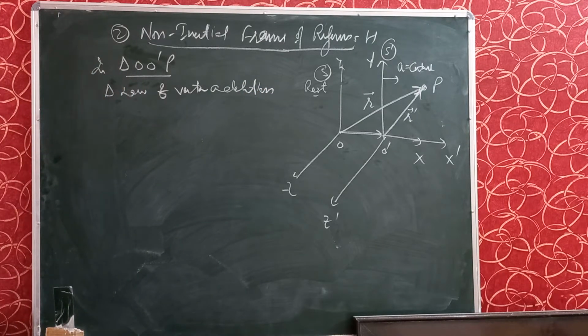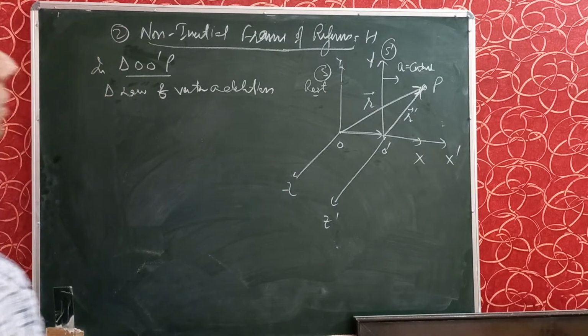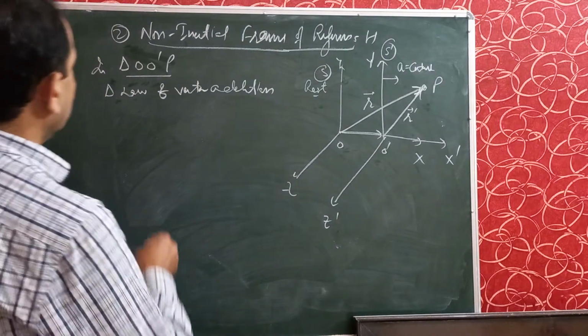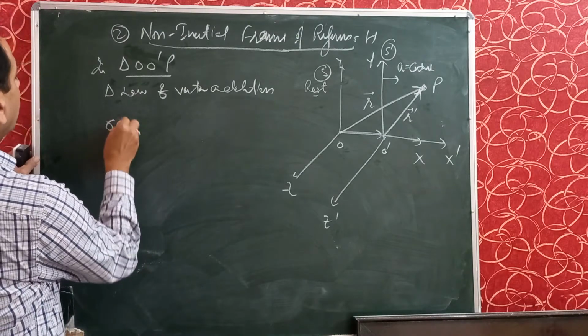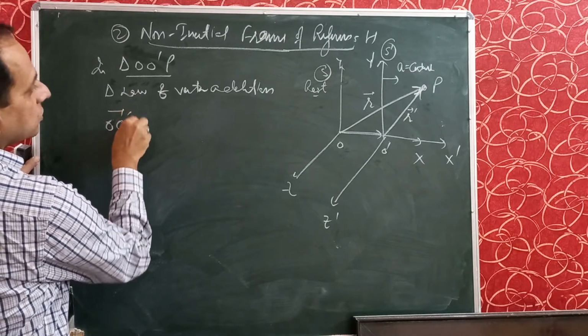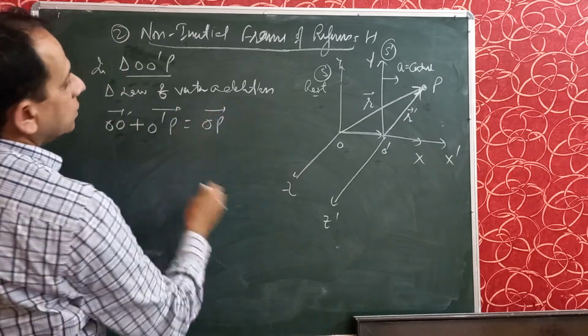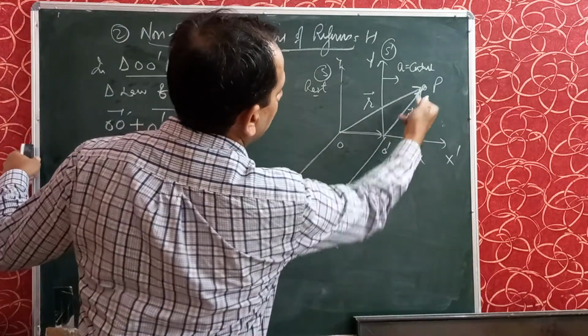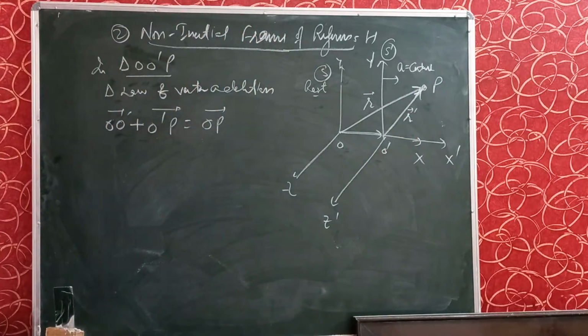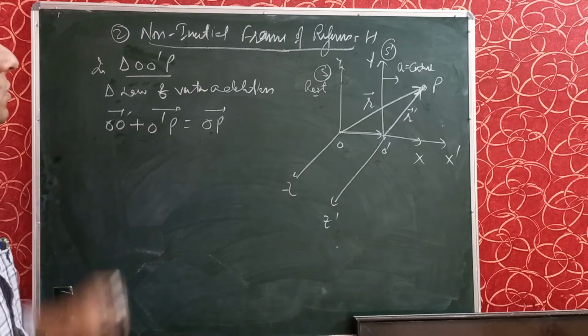The sum of two vectors which are in the same order is always equal to the third vector which is in the opposite order, that is O O dash plus O dash P is equal to OP. These two vectors are in the same order and OP is in the opposite order. Opposite order means it is the resultant, the sum of the two vectors.